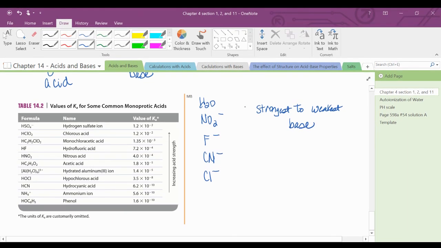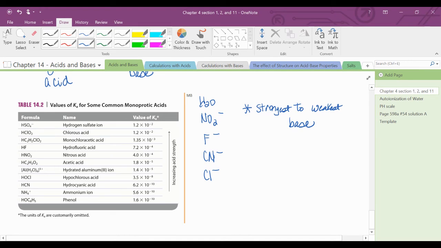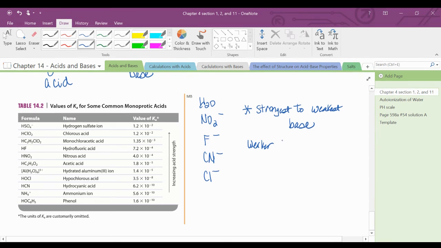And so the rule we're going to use to figure this out is that everything that's an anion here with a negative charge is the conjugate base of a weak acid. So the thing we want to recognize is that the weaker the acid, the stronger its conjugate base is going to be.